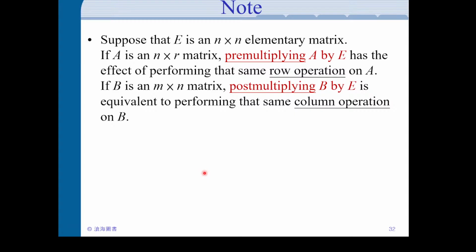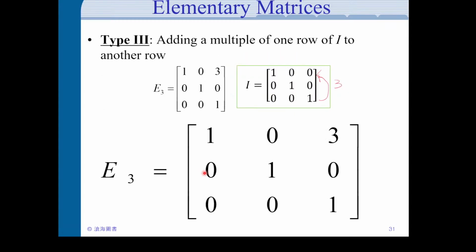Anyway, we didn't have an example here, but if you multiply E3, that's right here, on some matrix A, then it will also equal A with the row vector added.